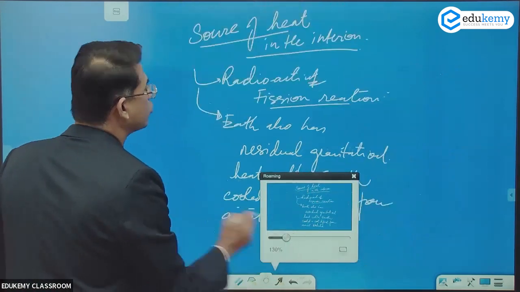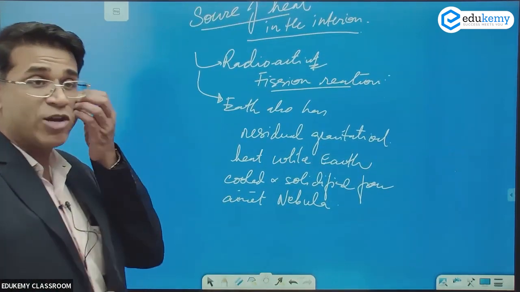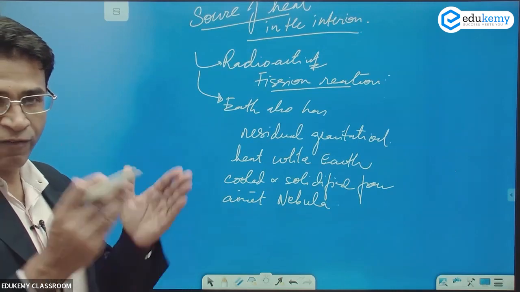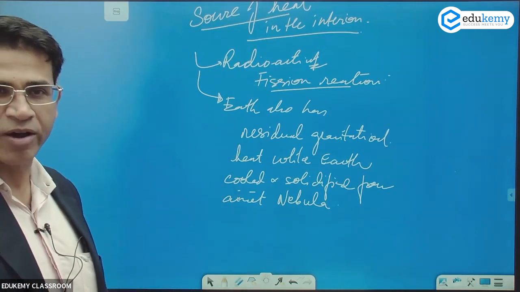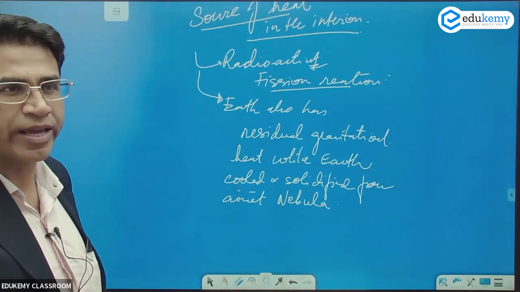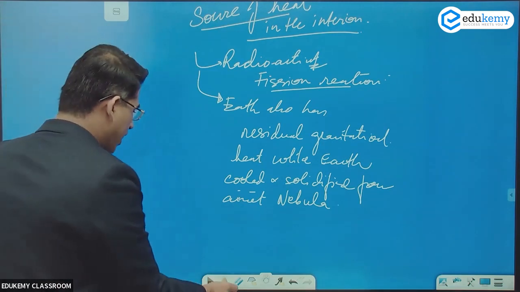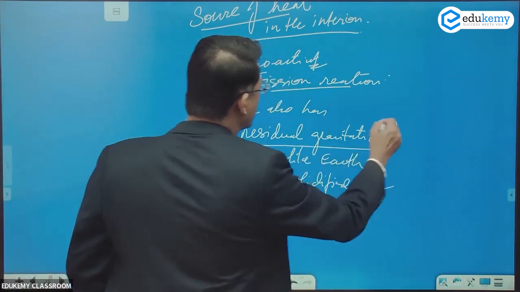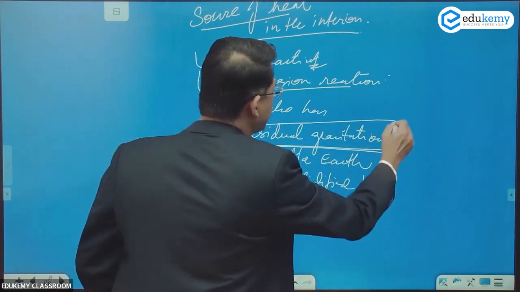These are the two sources of heat. Radioactivity is one, a lot of fission reactions going on. And Earth also has the residual gravitational heat.